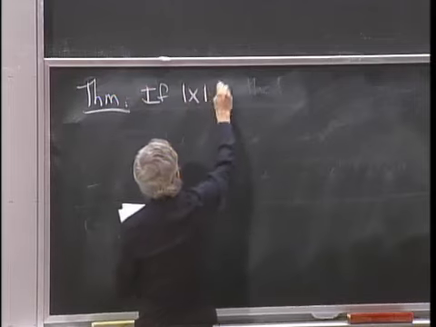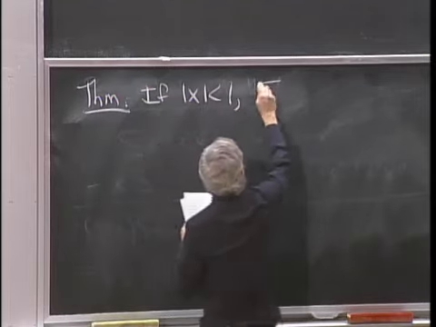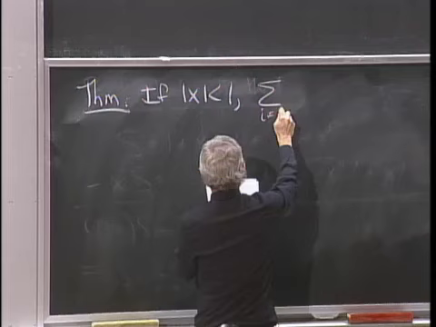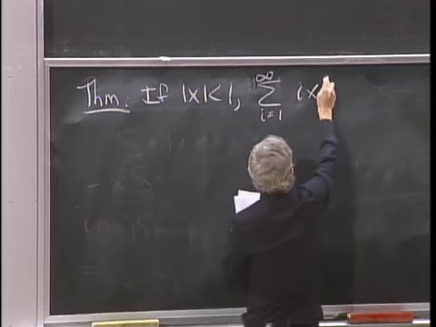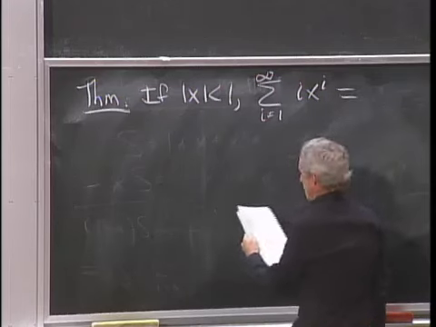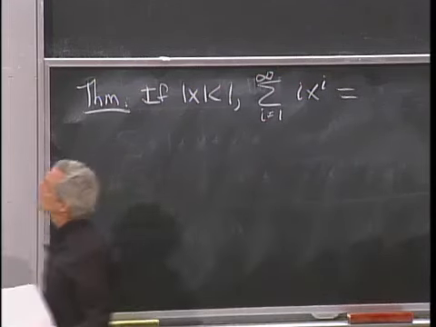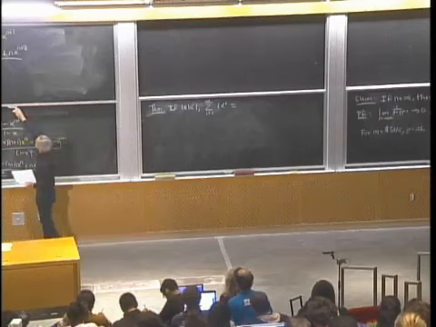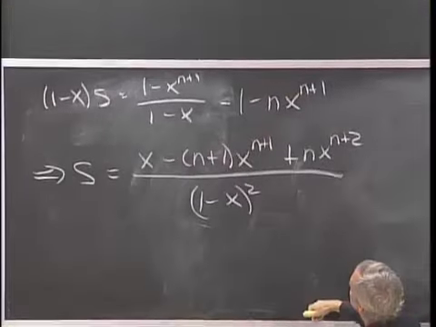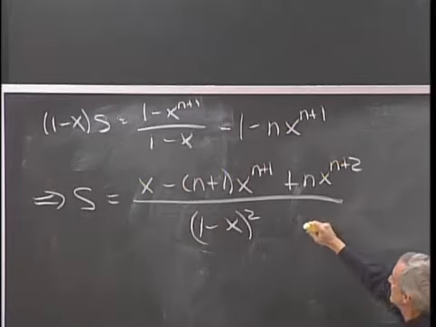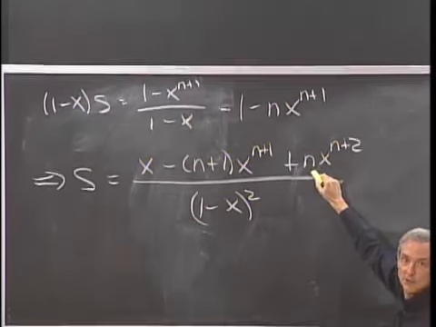If the absolute value of x is less than 1, the sum from i equals 1 to infinity of i x to the i, what does that equal? This one you can see it easier up here. What happens when n goes to infinity?